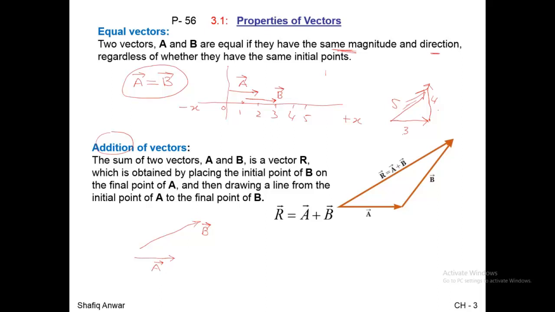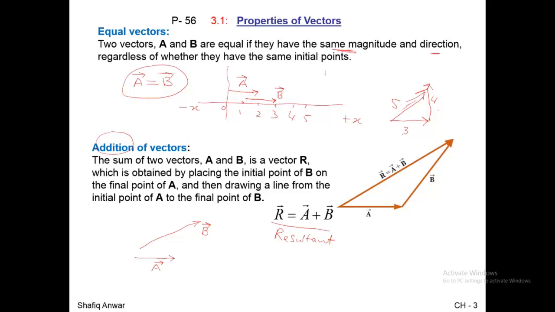The rule of adding two vectors, we write like this: A vector plus B vector is equal to the result of that addition. We call it the resultant vector, R. And keep in mind, we don't simply write 3 plus 4, because that's the magnitude. Magnitude we find with the Pythagoras theorem, or we measure with a ruler.